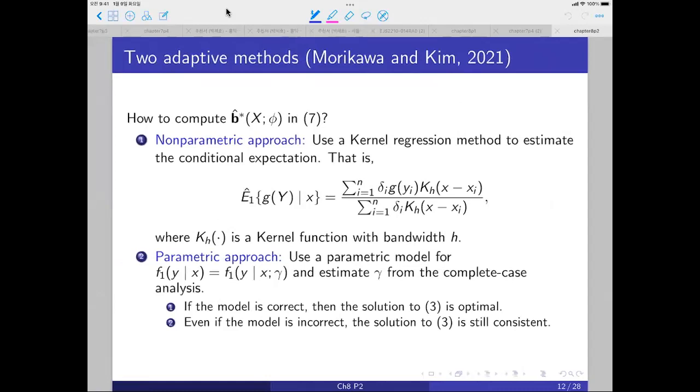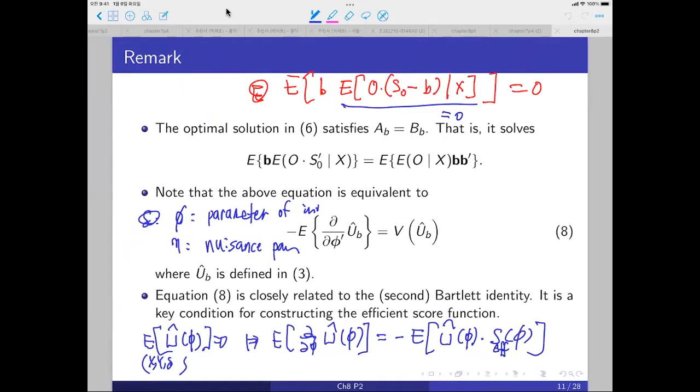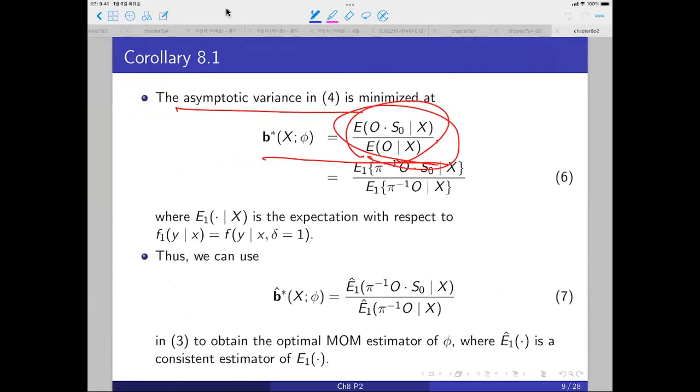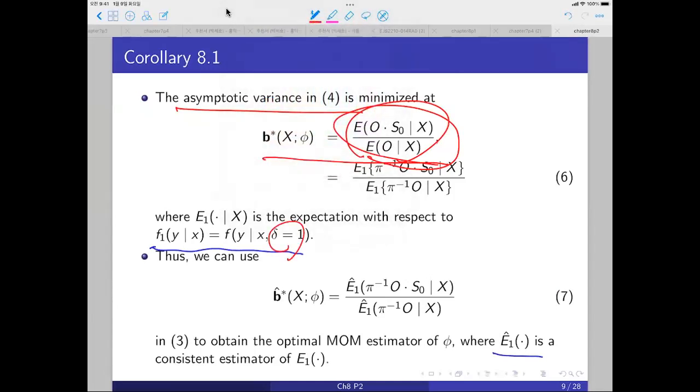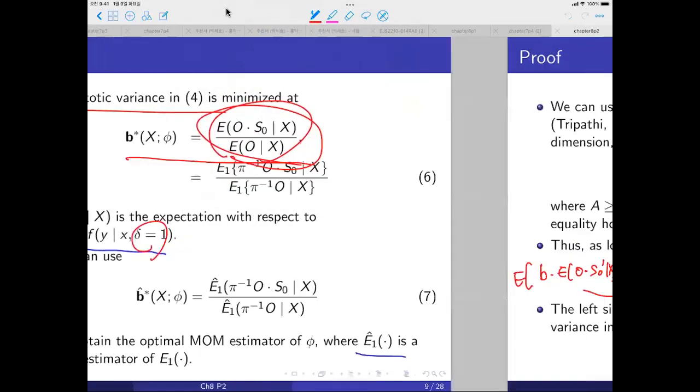Okay. This result is theoretically useful, but in practice we cannot really compute it from the data because it uses a conditional expectation. In order to estimate it, we use this equality to estimate it from the sample, using the respondents. F1(y | x, delta=1) is the response model, the respondent group, so at least conceptually we can estimate this conditional distribution.